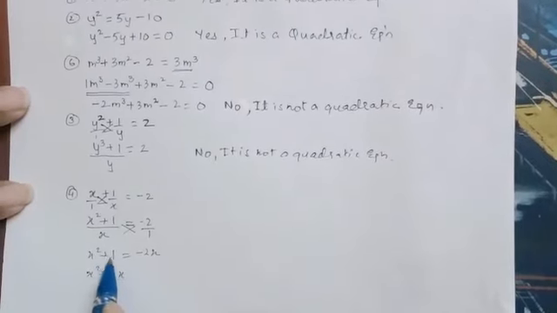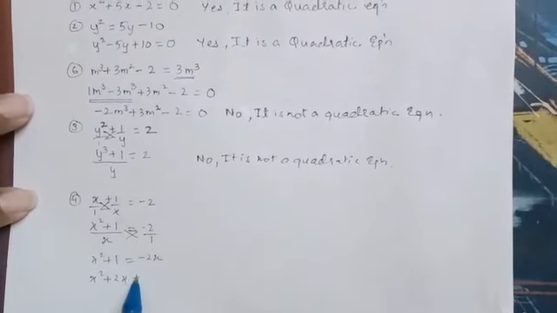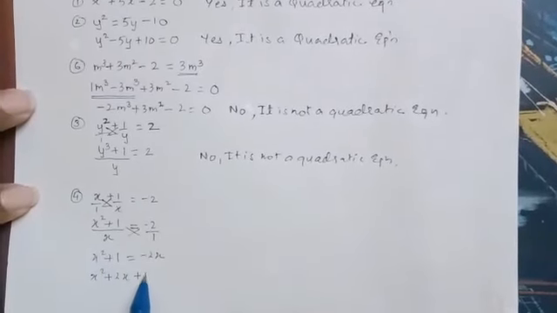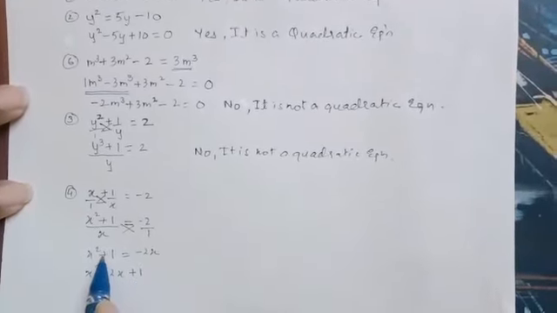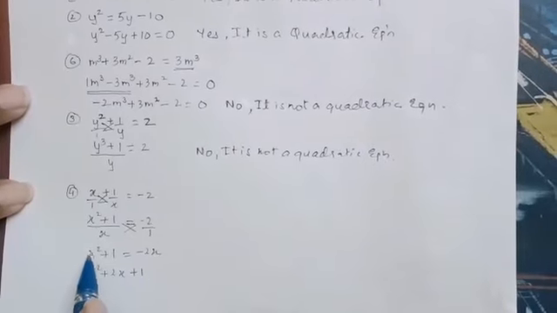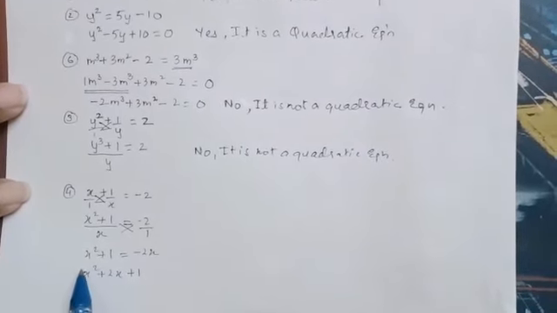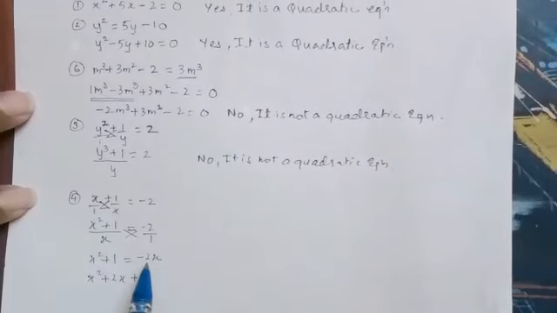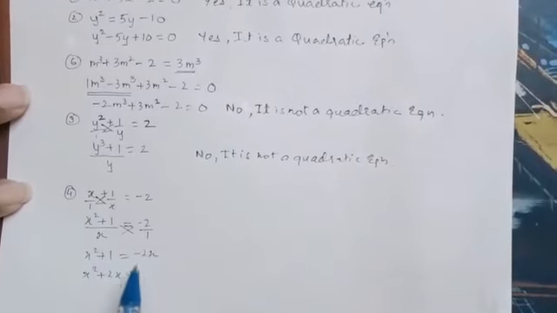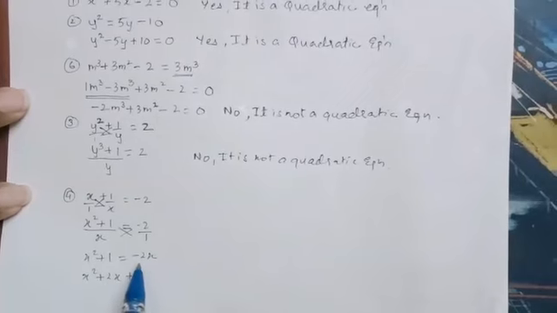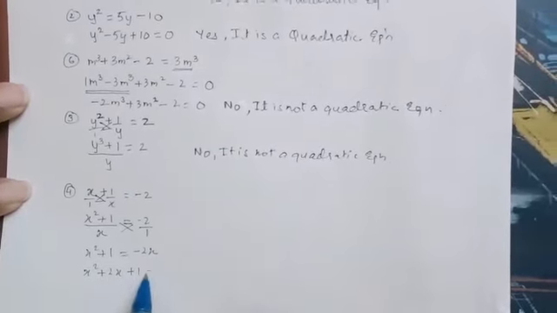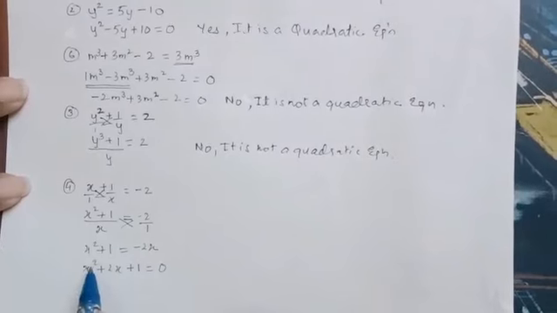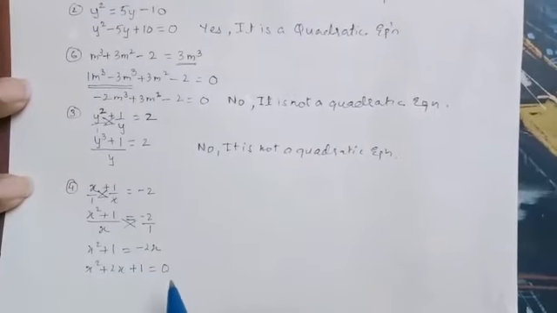The x square plus 1 remain the same because the side is not changed, but the right hand side term minus 2x has come to the left hand side, therefore its sign is changed. Now on the right hand side there is nothing, so we write 0. So we see that it has a highest degree 2, so yes, it is a quadratic equation.